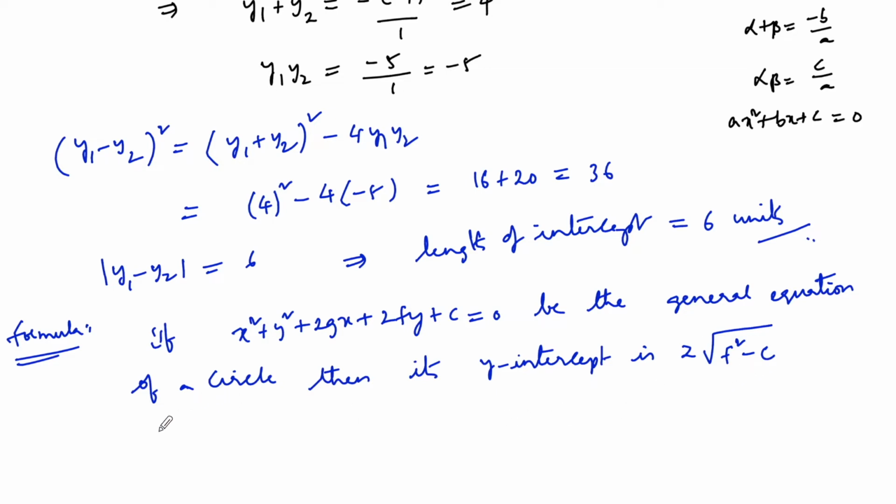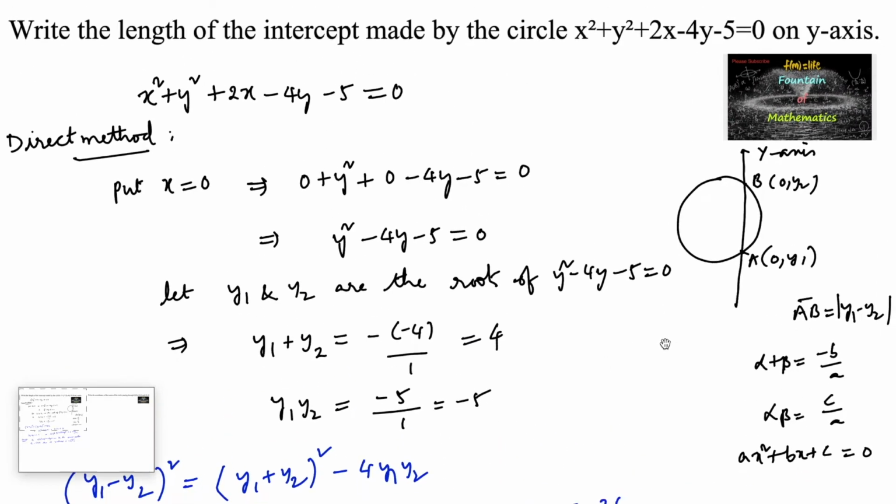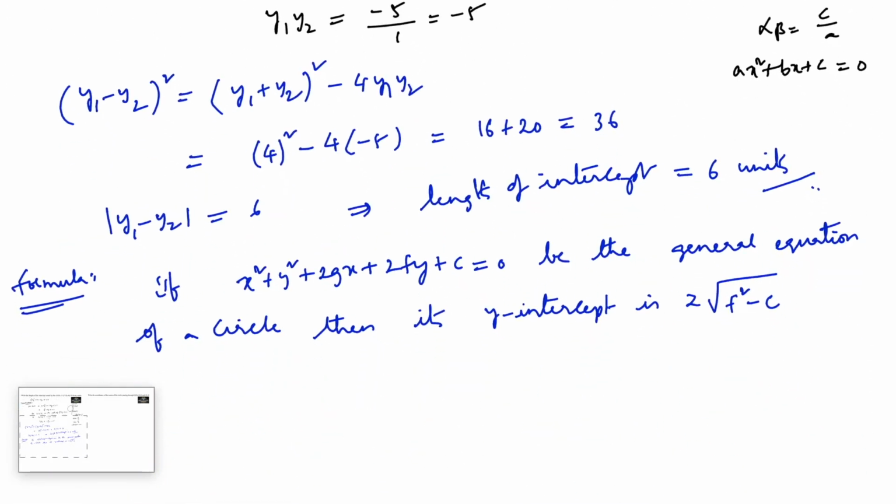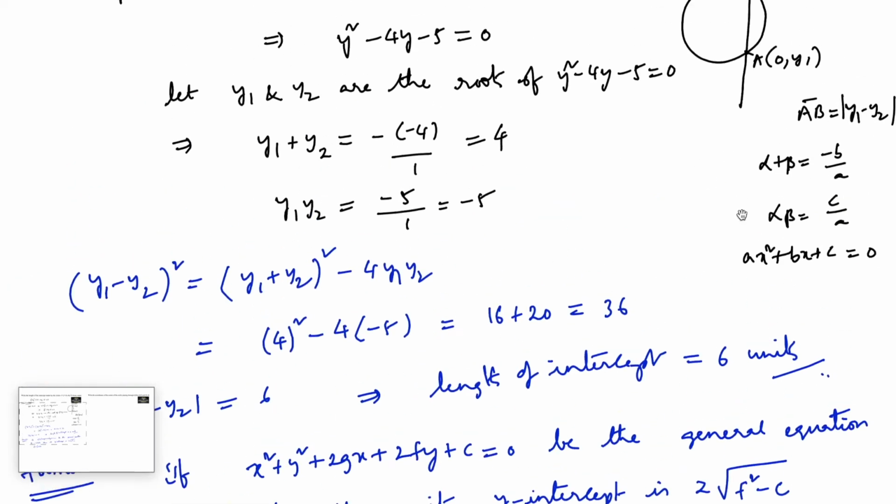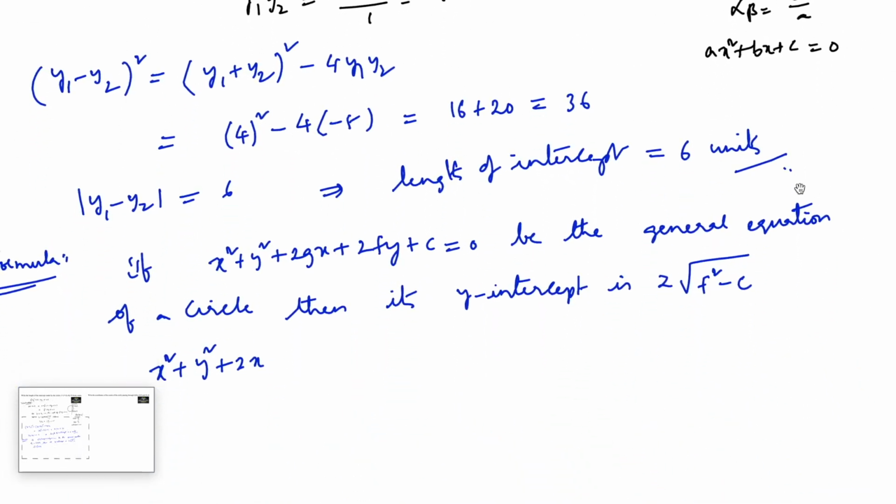So comparing with the equation of the circle, x square plus y square plus 2x minus 4y minus 5 equals to 0.